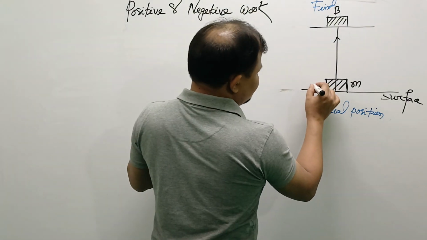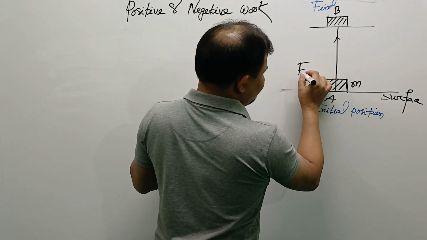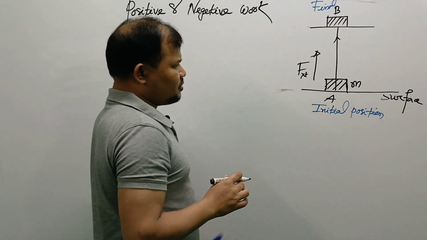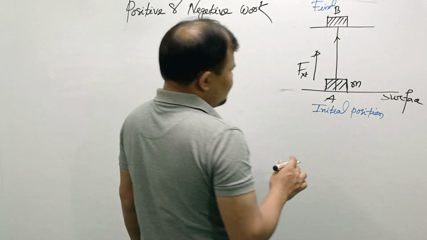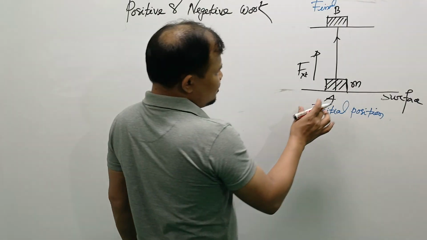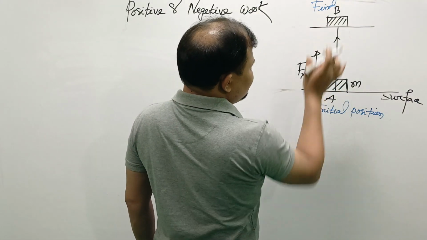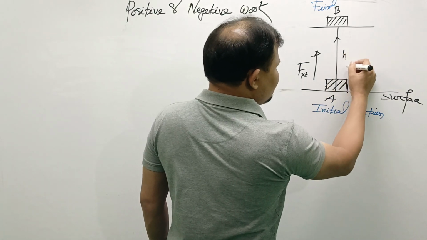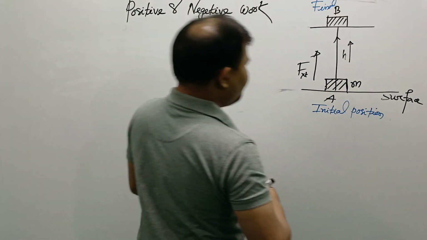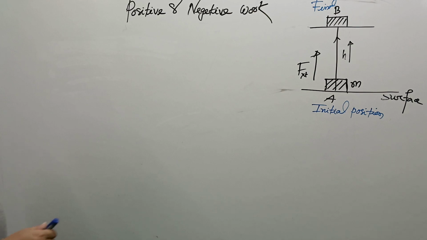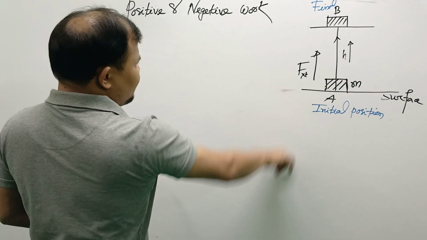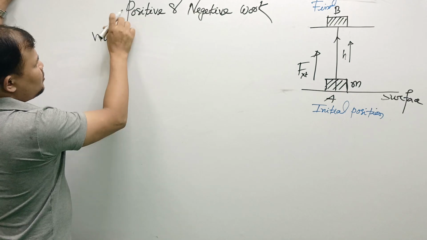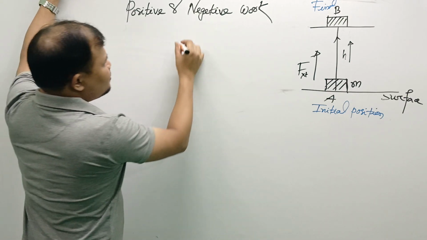Suppose this is the direction of the external force, F ext, and if the body goes from point A to B, then the direction will be upward. Now we try to measure the work done in case of the applied force.